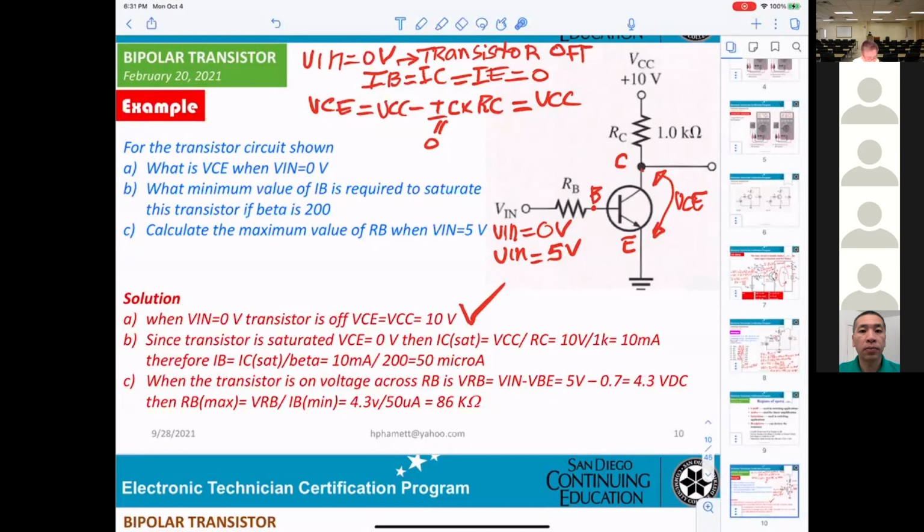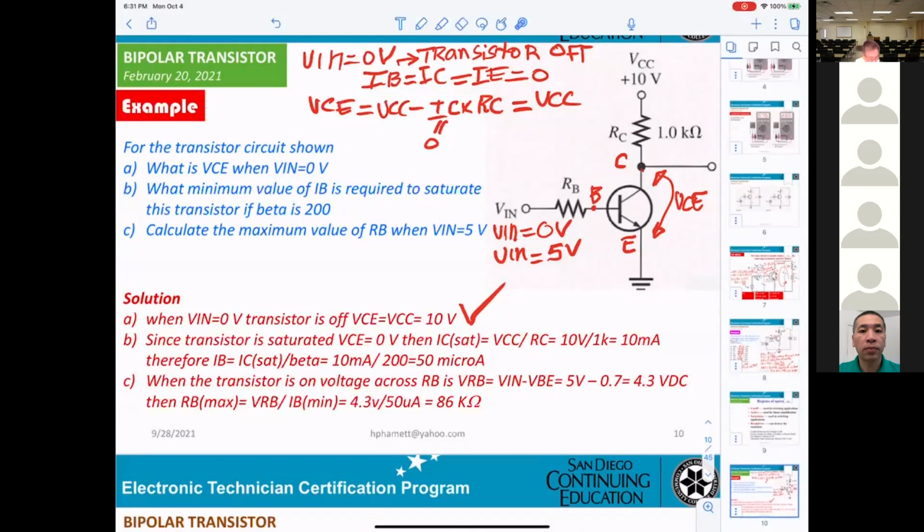C. Why use 50 microamp if this one is for the transistor in saturation? You're talking about number B, right? Why do we use 50 to find the 86 kilo ohm?